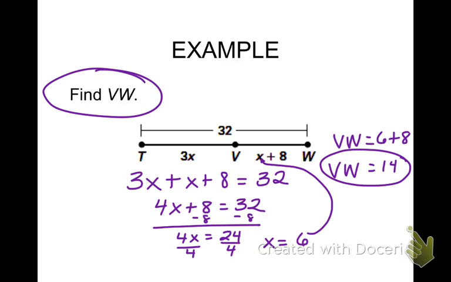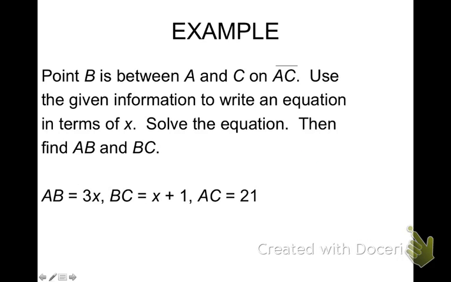So on the back side, notice how the last two examples don't have a very pretty diagram provided for us. We're going to have to recreate the diagram ourselves, which won't be that challenging. We can easily do that. So if we look at the directions, it says point B is between A and C on line segment AC.